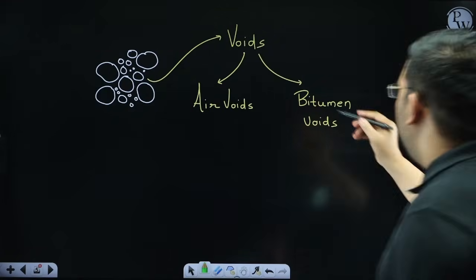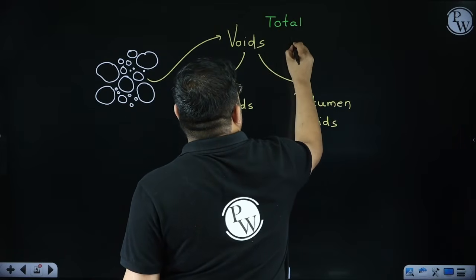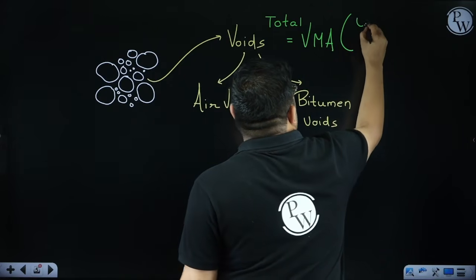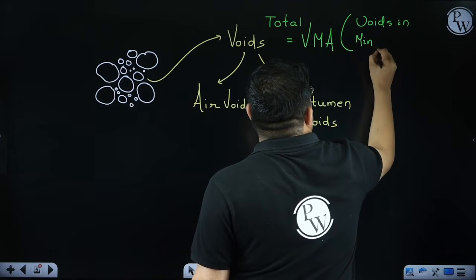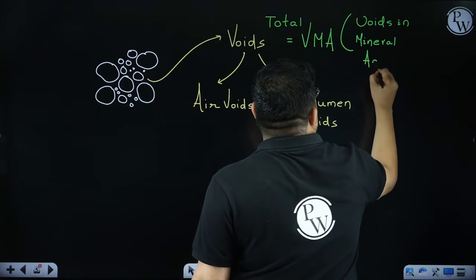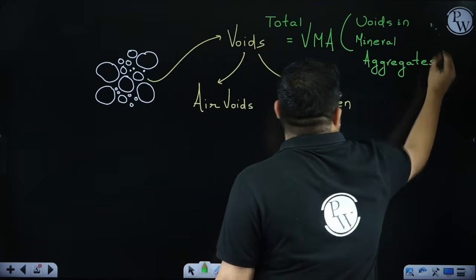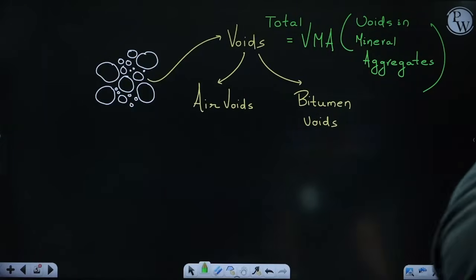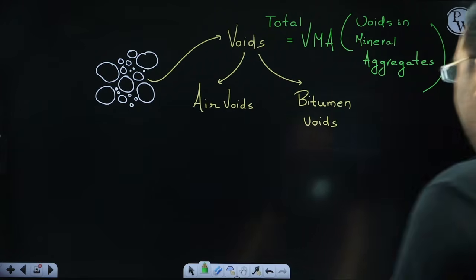Now this total voids, which is a combination of air voids and bitumen voids, will be known as VMA, that is voids in mineral aggregate. So total voids, air voids plus bitumen voids, will be called VMA.